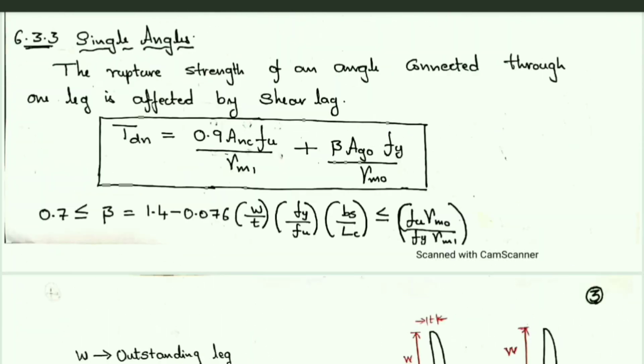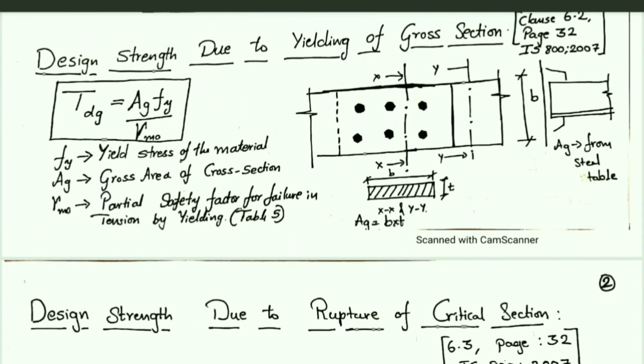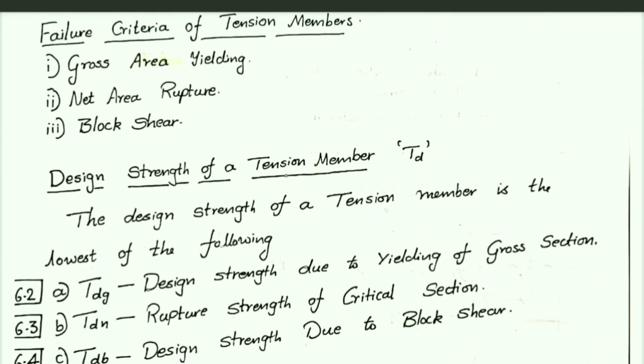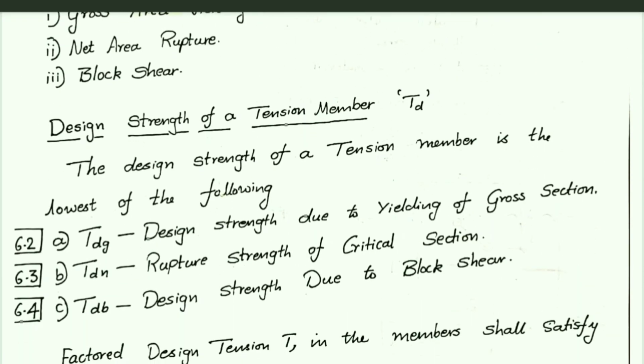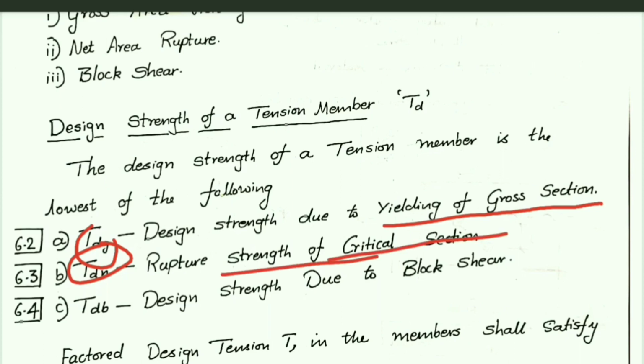Next, the design strength of the tension member, Td, will be the lowest of three values. Tdg is the design strength due to yielding of the gross section. Tdn is the rupture strength of the critical section, that is, net area rupture.